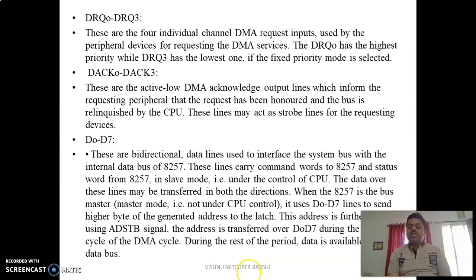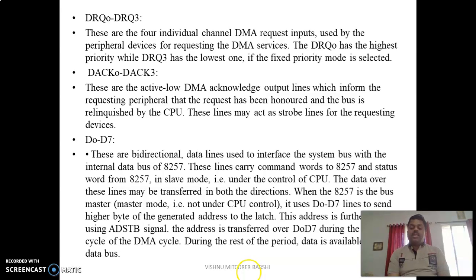Now the pins D0 to D7 are the bidirectional data lines used to interface the system bus with the internal data bus of the 8257. These lines carry command words to the 8257 as well as the status word from the 8257 in slave mode, which is under the control of the CPU.